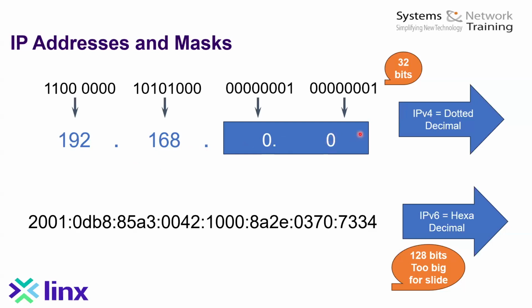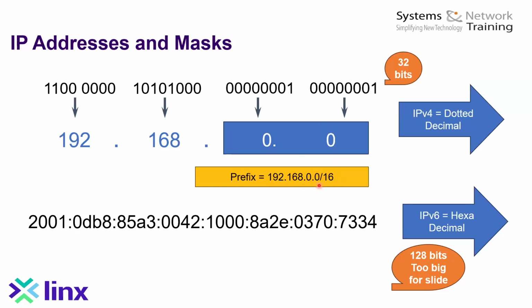And we also have to say how big the mask is. Well, if it's 32 bits for all of this, and we've covered half of it, the mask is 16 bits. So by adding the mask, putting zeros here, and then saying how big the mask is, we end up with something that looks like this: 192.168.0.0, and then a slash, which is the notation, and then the number of bits in the mask, which is 16.